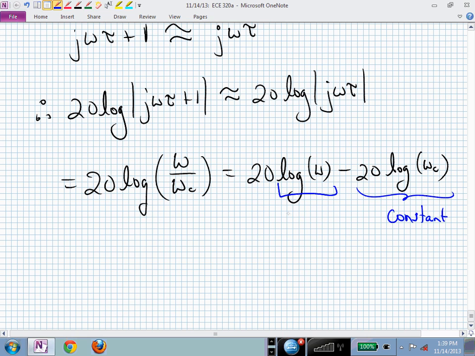This is our independent variable. This is now the equation of a straight line, isn't it? If you look at the left-hand side, that's y is equal to mx plus b. Something, and there's your 20 dB per decade. That's 20 times x. Your independent variable is log of omega.